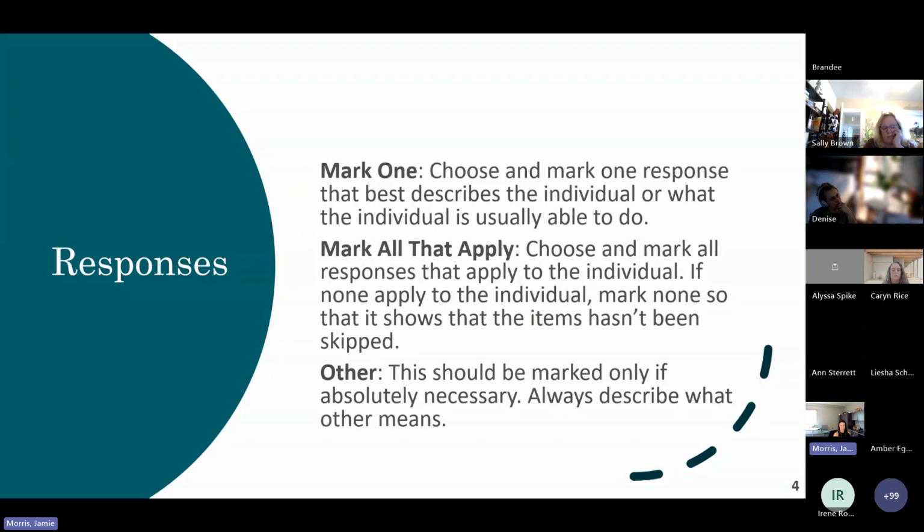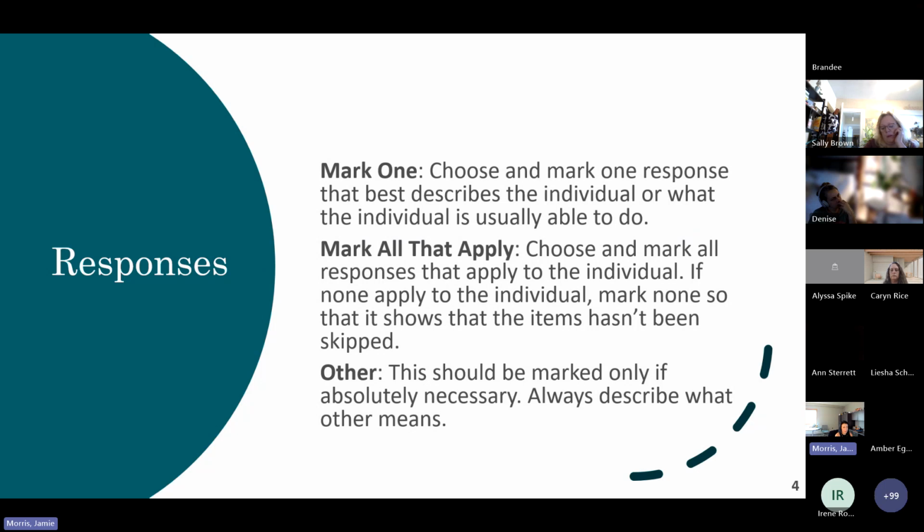We want to make sure that every question on the ICAP has been answered, so that we know that it's been thoroughly completed and comprehensive. Sometimes it's unclear if you skip something whether it was skipped intentionally, not marked intentionally, or wasn't marked by accident. So we ask that you always mark at least something. Even in mark all that apply, you can choose the option to mark none if it's necessary.